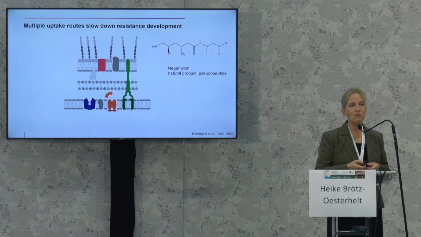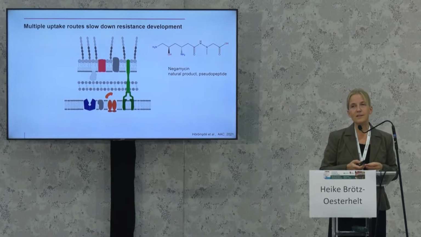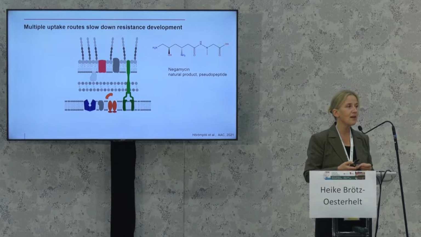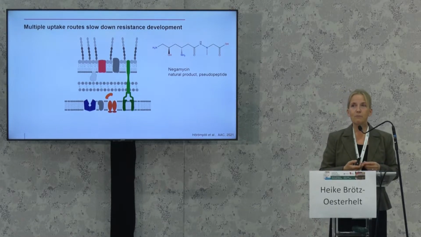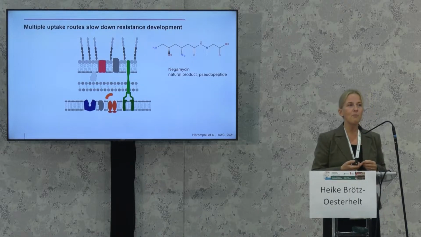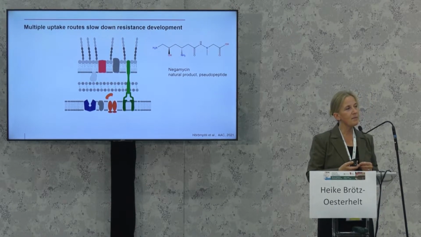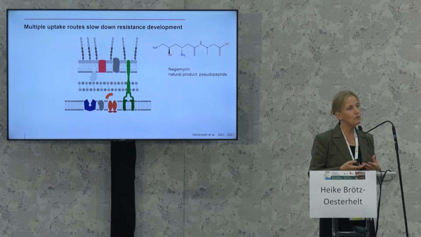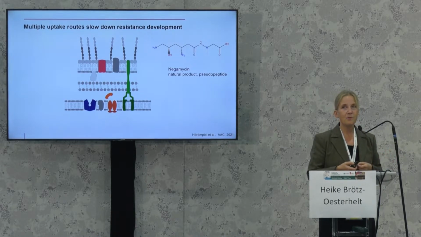One recent project that we had is we were studying the antibiotic negamycin. It is a natural product. It is a peptide or a pseudopeptide that has been around for some time, where a range of companies have tried to optimize it but often failed to improve the activity. It binds at the ribosome, close to the A site, with a novel mechanism and without cross-resistance, a very interesting molecule.